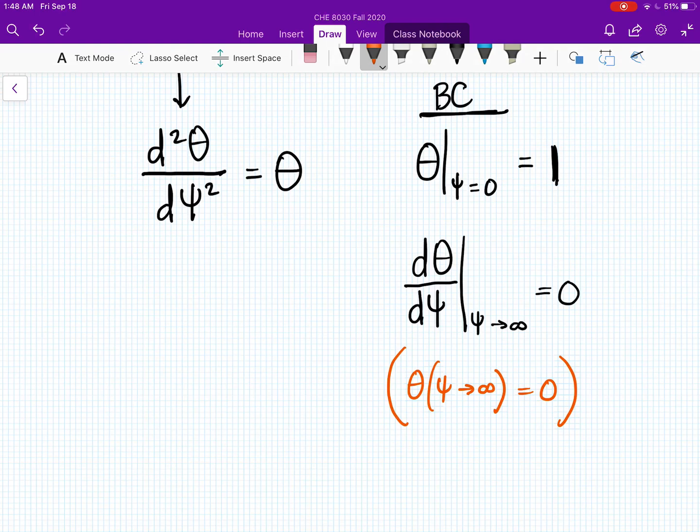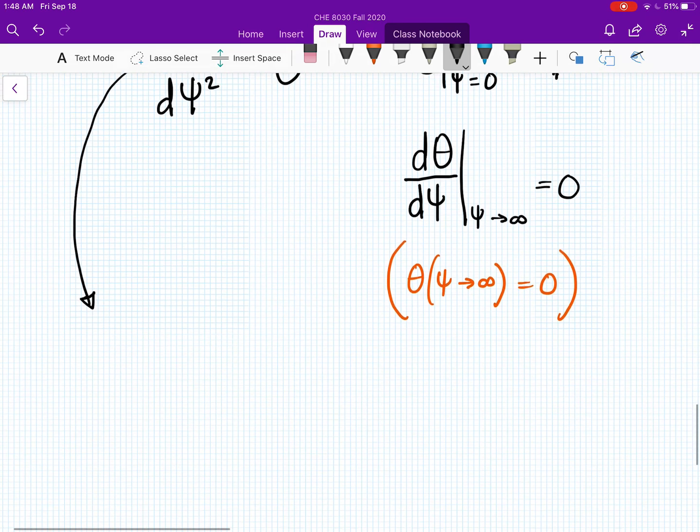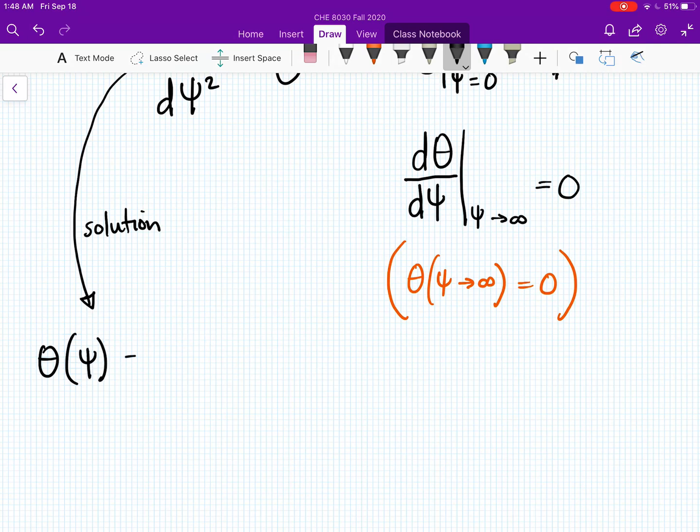Regardless of which one of those boundary conditions you write down, the exact solution to the differential equation is exactly the same, and you end up with a solution of theta as a function of psi equal to the exponential of negative psi.